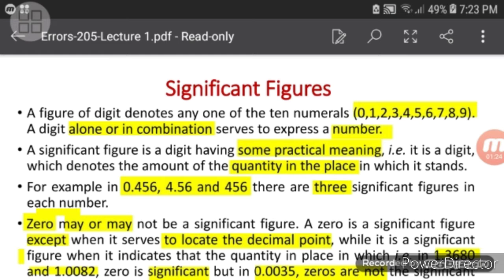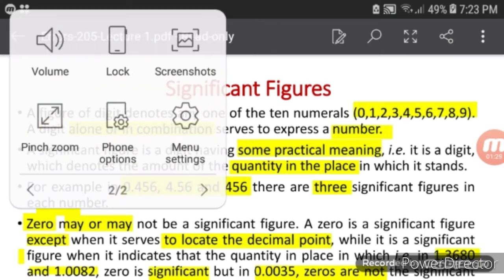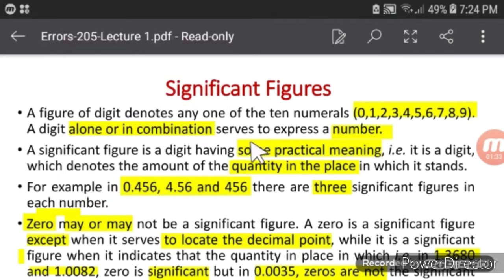For example, as you are seeing here, there are three values: 0.456, then 4.56, then 4456.